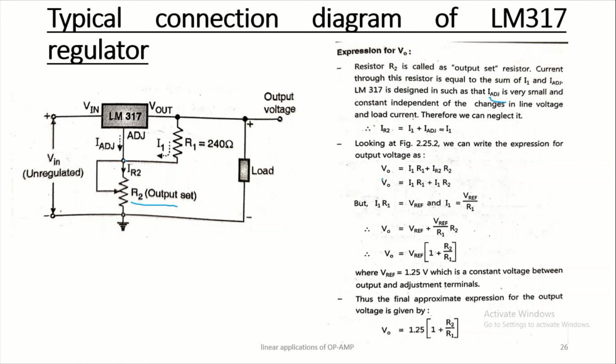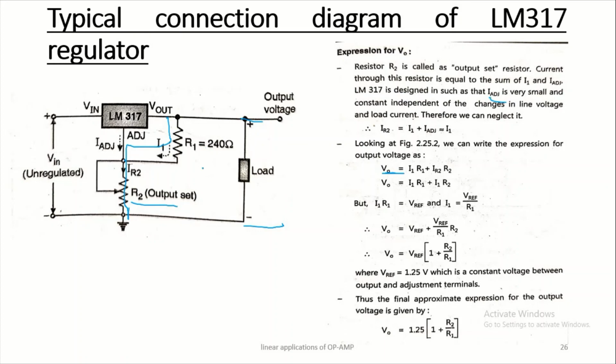Looking at this figure, we can write the expression for the output voltage: V0 is equal to I1 R1 plus IR2 R2. The output voltage is the voltage between these two points, which is equal to the sum of the voltage drops in this branch.